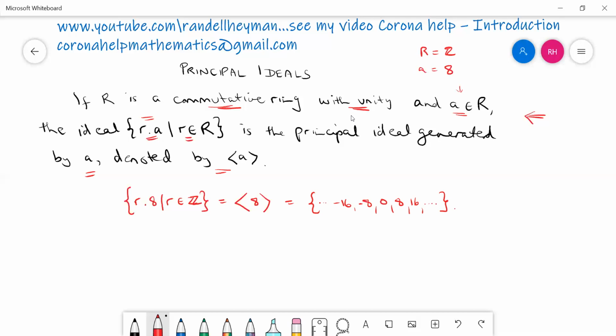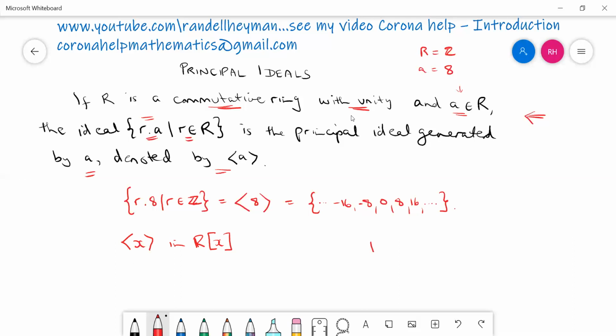Here's one. We'll call it this, the ideal generated by x in, let's call it, the reals, the polynomials with real coefficients.